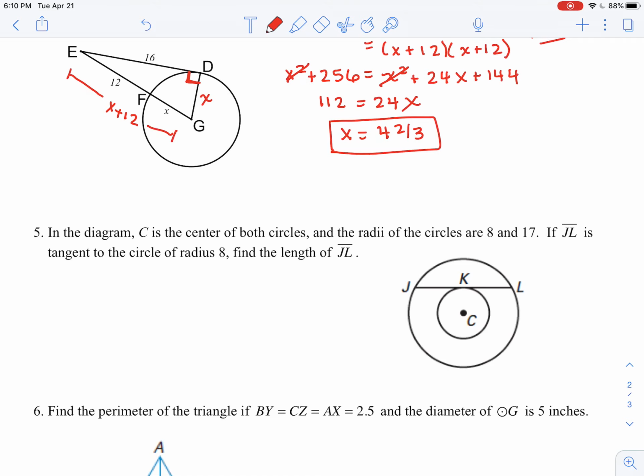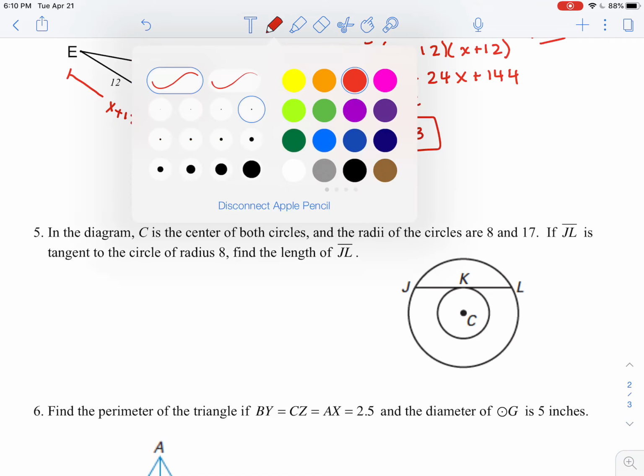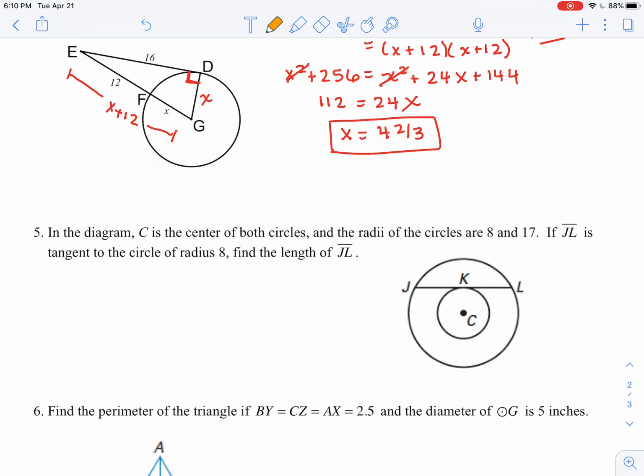Question number 5. In the diagram, C is the center of both circles, and the radii of the two circles are 8 and 17. So I'm going to draw one radius from the smaller circle from C to point K. That's 8 units.